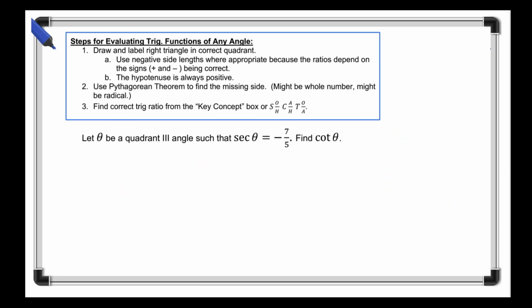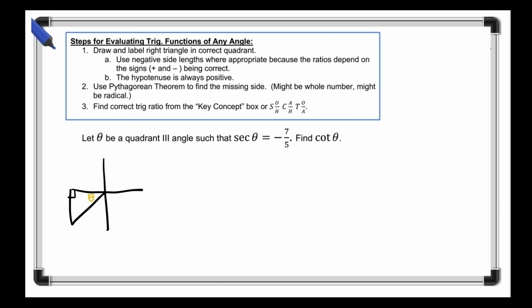All right, let's look at another angle. The first thing we want to determine is where my angle will be. My angle is going to be in quadrant 3. So I'm going to draw my triangle. My theta is going to be here. Our angle is such that secant is negative 7 over 5.